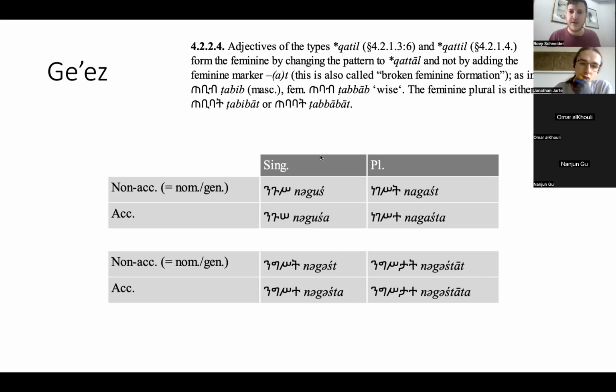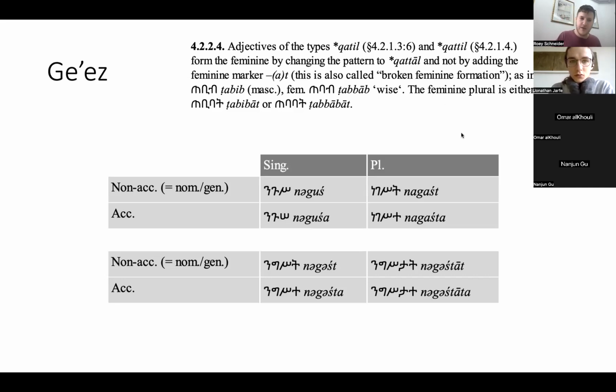An interesting thing is that some of the adjectives do not inflect with this feminine suffix T, which we know from all over Semitic and, of course, even Afro-Asiatic, but they have an ablaut. So qatil, qatal, like tabib, tabab, a wise man, a wise woman. That is very, very weird and very, very different from other Semitic languages.